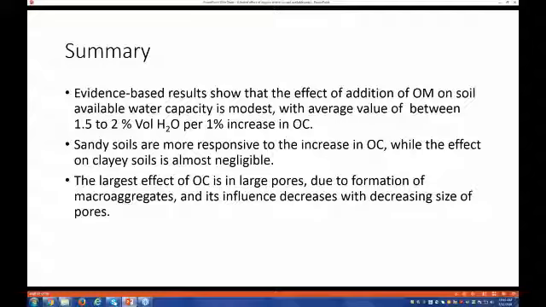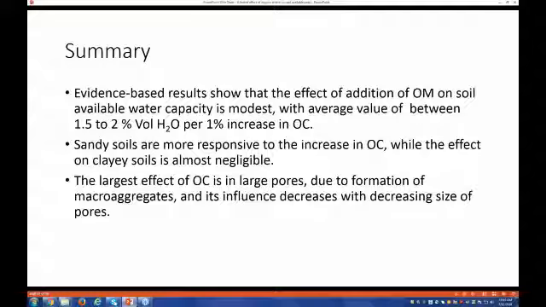Yes, it's a function of pore sizes. Microbial activities could also affect the smaller sizes, but the smaller pores don't hold much water, and the increase is not compensated by that.